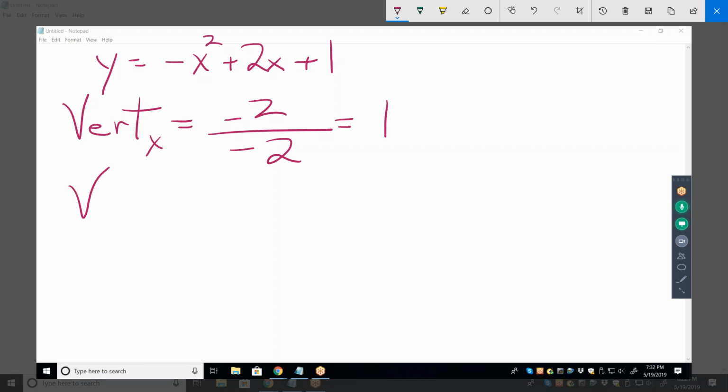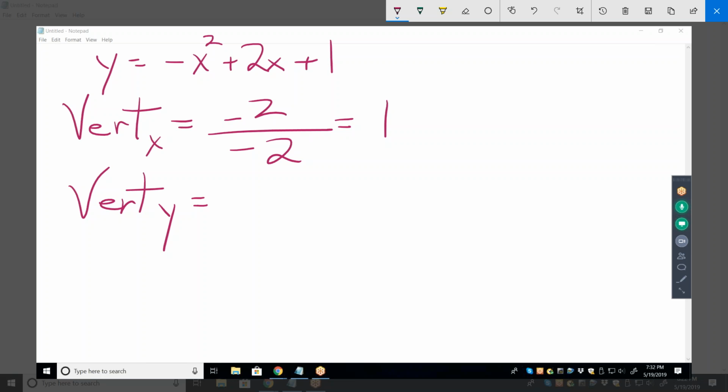Now tell me what the y coordinate of the vertex is. Just 1? Oh, no. It would be 4. And then plug in 1 for x. So negative 1 squared is 1 plus... Hold on.